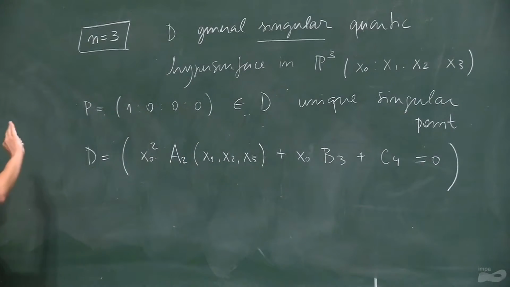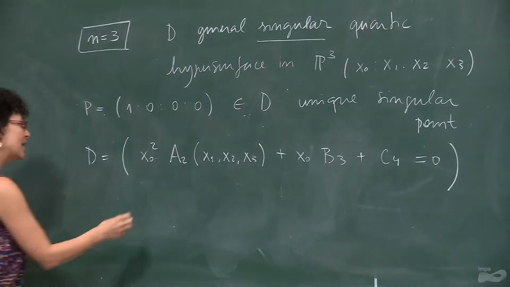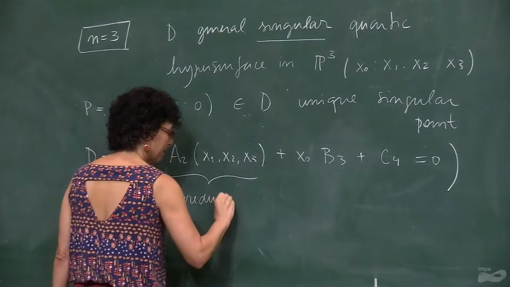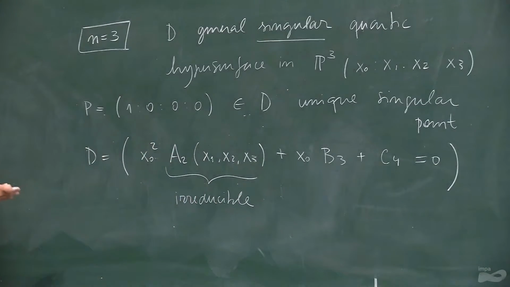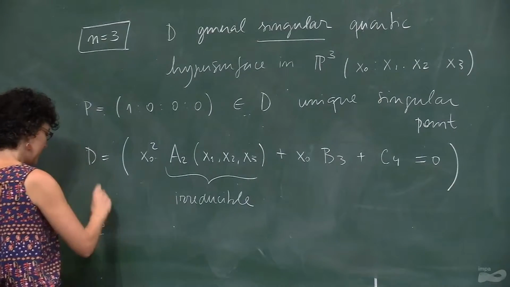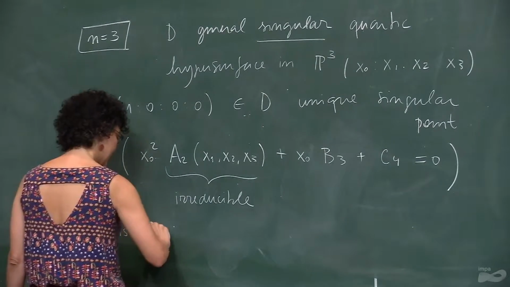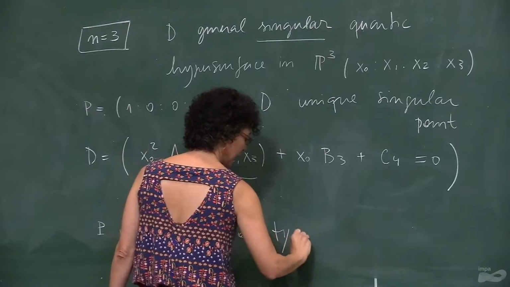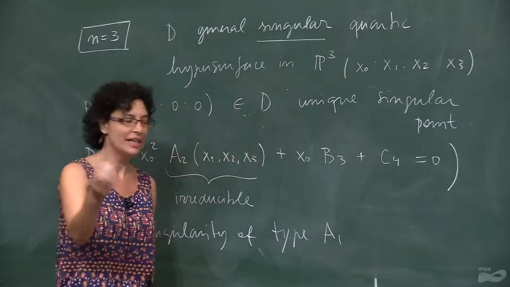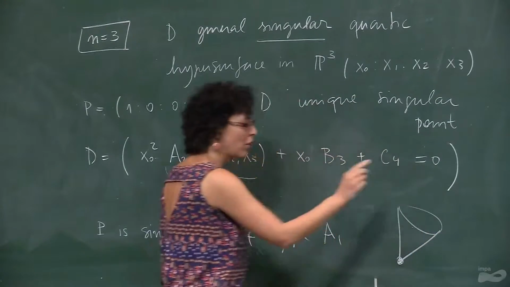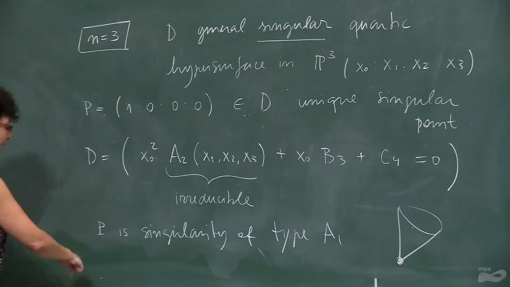If the surface is general enough, then this polynomial a is going to be irreducible. And what that means is that the type of the singularity is A1. Locally analytically, it looks like the vertex of a quadric cone.